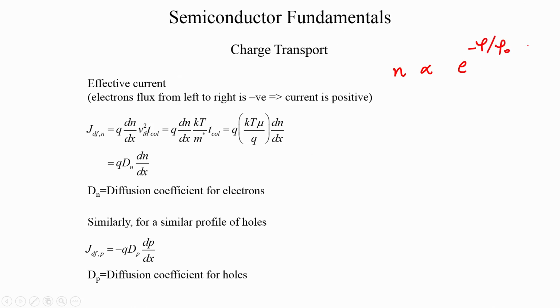Okay. So, if you have a Boltzmann's like distribution where n is some n naught e to the power minus phi by phi naught, where phi is a potential, you will end up with the Einstein relation being valid.